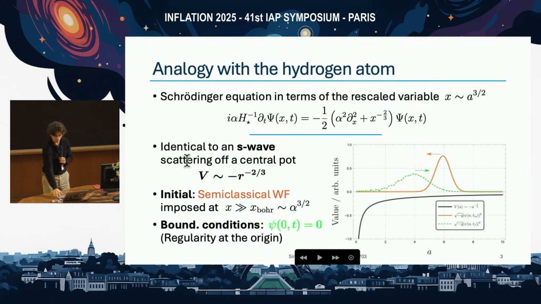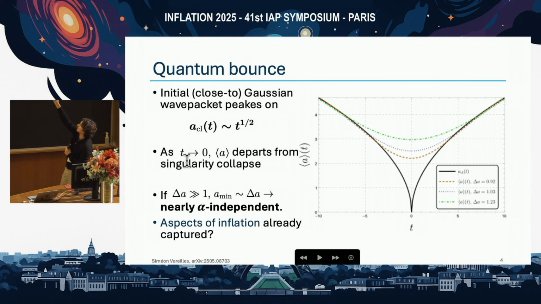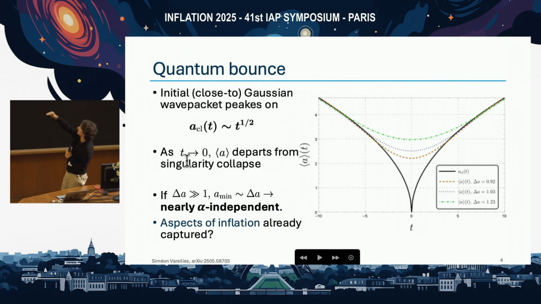And with that, when we plot the expectation value of the scale factor as a function of time, the scale factor follows the classical trajectory at early times before departing from singularity collapse as it approaches the origin.